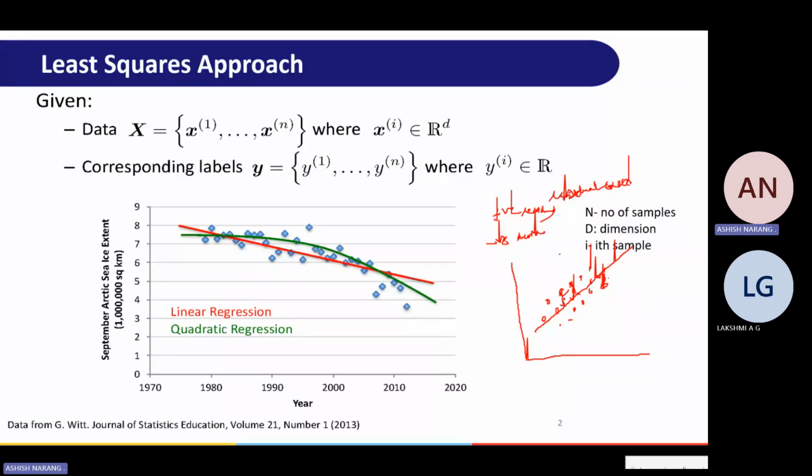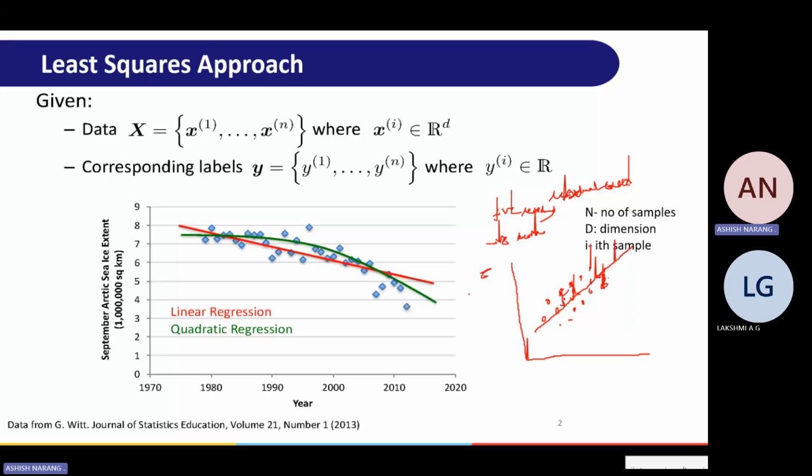So if I simply add them up to find the total residual error, it may be possible that the magnitude of positive is equal to the magnitude of negative residual error, and they cancel each other and the residual error comes out to be 0. However, the residual error is actually not 0. 0 means the line is passing through each and every point. That is what the residual error 0 means. But we know that there are some points that lie above the line and some points that lie below the line.